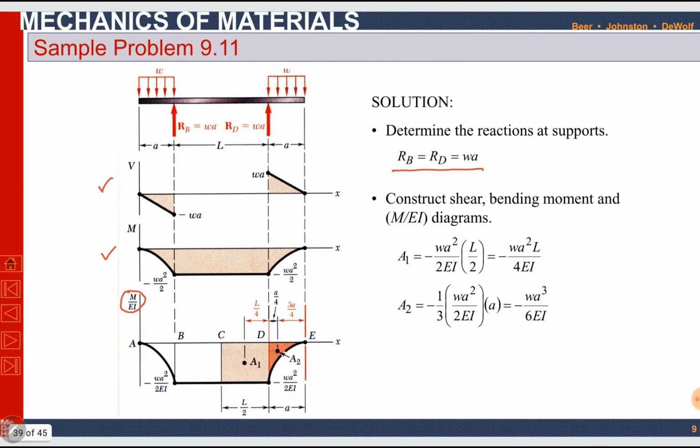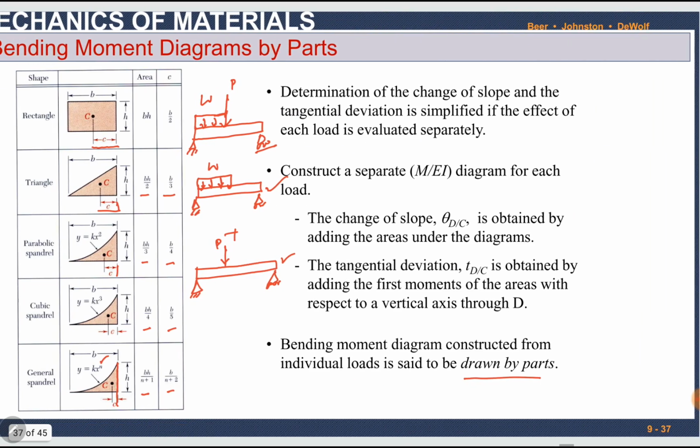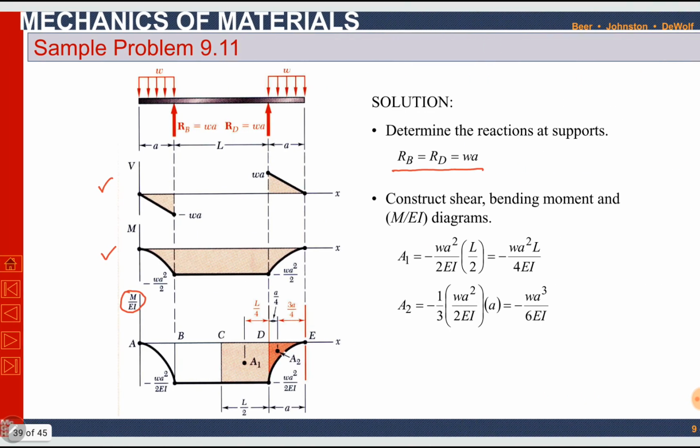deflect like this, here will be point C. It is a symmetric beam, and tangent to point C will be horizontal line.